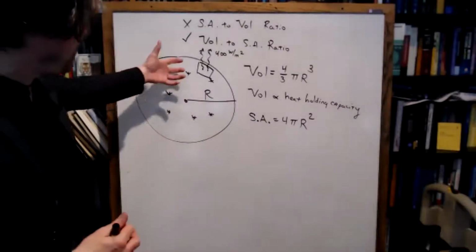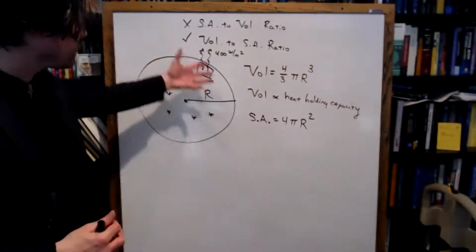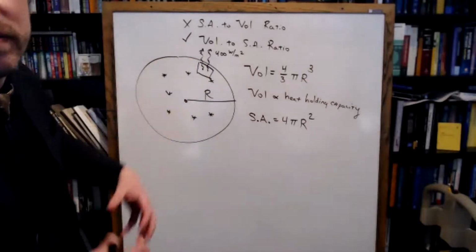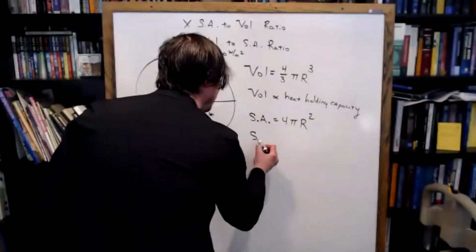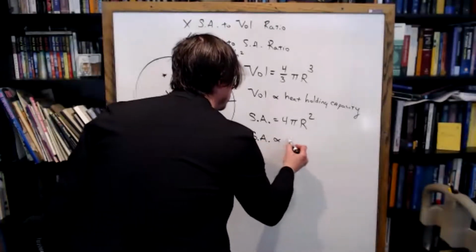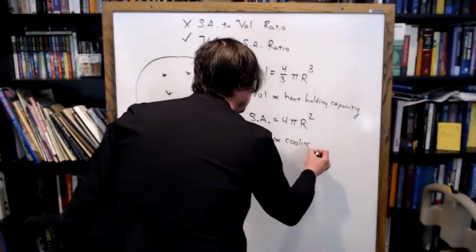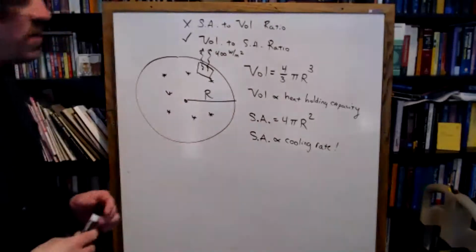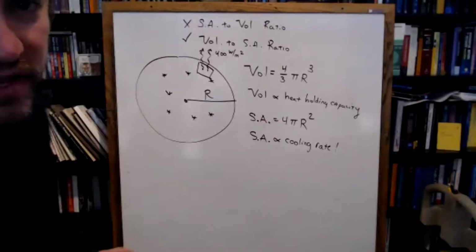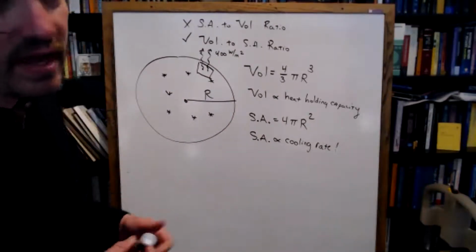And of course, the bigger your planet is, the more square meter panels you're going to have on its surface to shine away that light. And therefore, the surface area can be thought of as being proportional to the cooling rate of a planet. So the question is, how are these two things going to compete with each other?